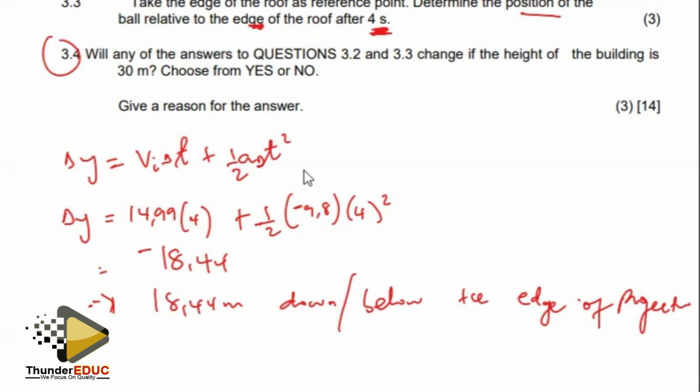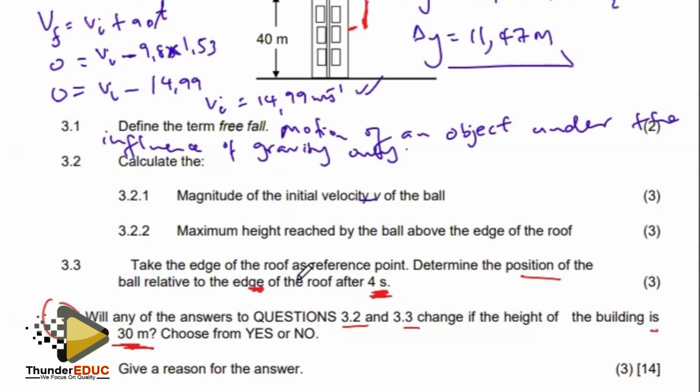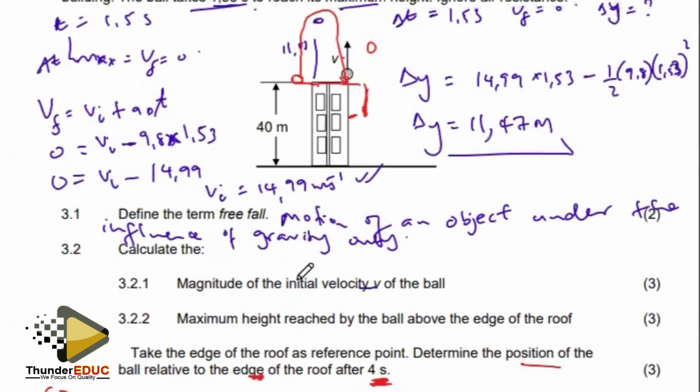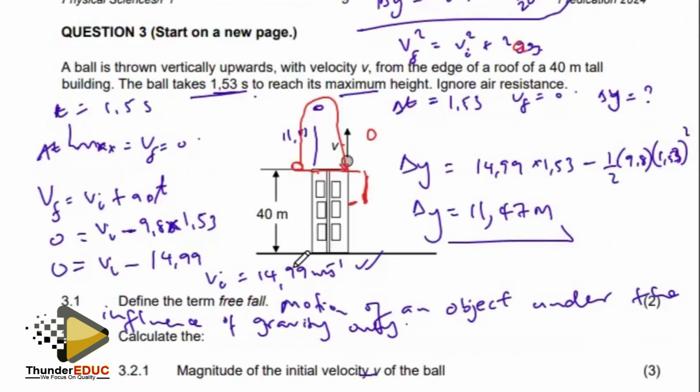All right, then 3.4. Will the answers in 3.2 and 3.3 change if the height of the building is now 30 meters? Choose yes or no. Looking at what we've been working with in 3.2 and 3.3, we've not applied this height in any way.